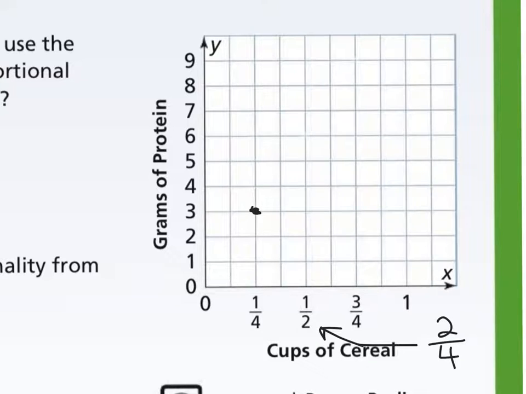So that's another 1/4 of a cup, another 3 grams of protein. That would put us up to 6 grams of protein. 3/4 a cup would be 9 grams of protein. And then the 1 cup, we would actually be off the charts there.